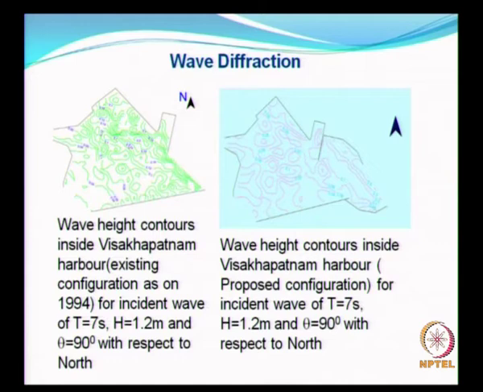So this is another example, the Visakhapatnam port, wherein you have the eastern breakwater here, and what we have tried to do is, on the right side, you see the 2 projections of 2 breakwaters. That was tried out as an exercise to check how the tranquility would improve by having those 2 arms. Can we improve the tranquility further from the existing ones?